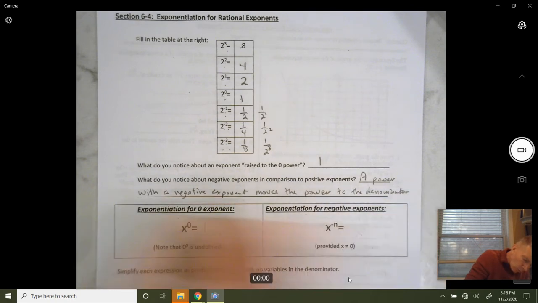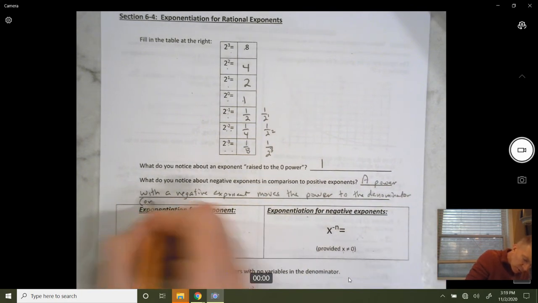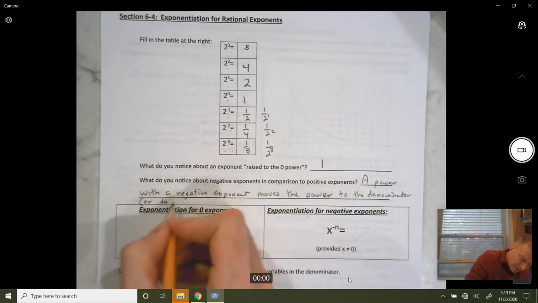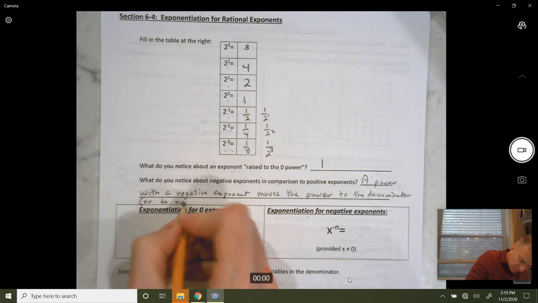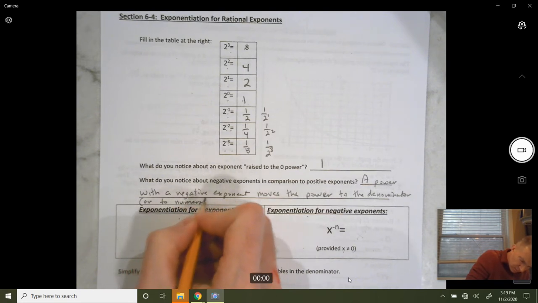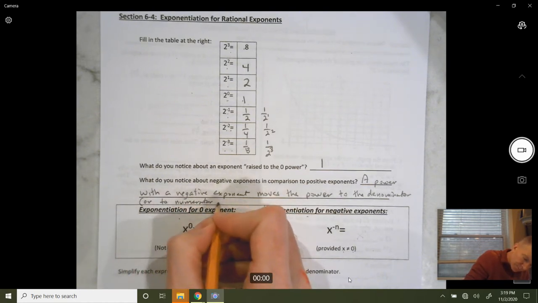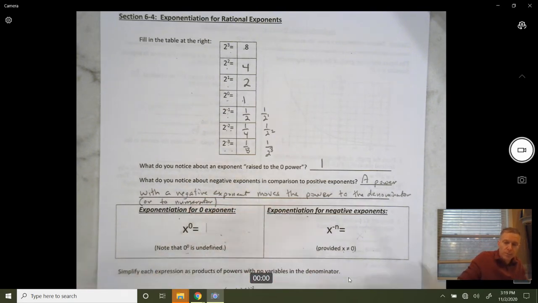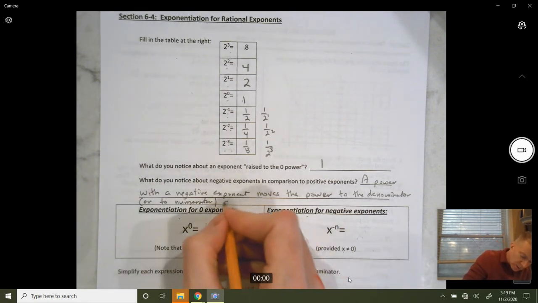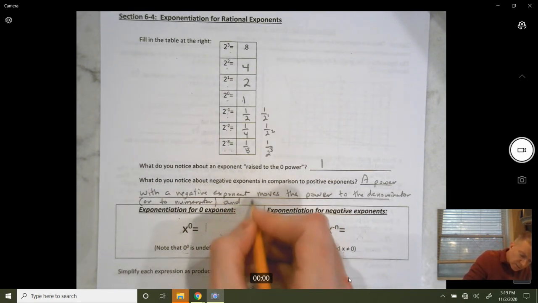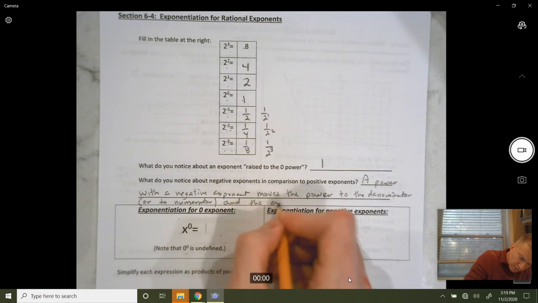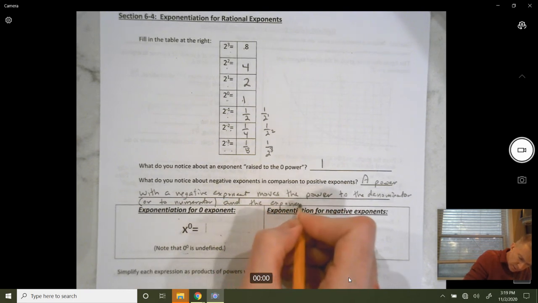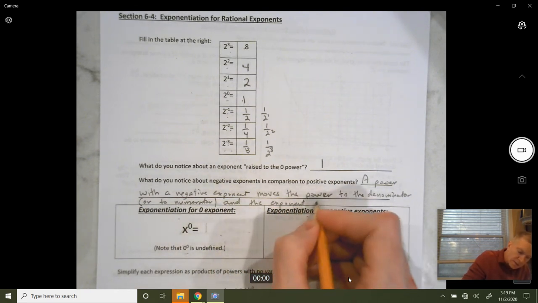Or to the numerator if it was in the denominator, if it were to start out in the denominator. So it moves from the top to the bottom or bottom to the top. And when you do that move, the exponent of your power turns positive.